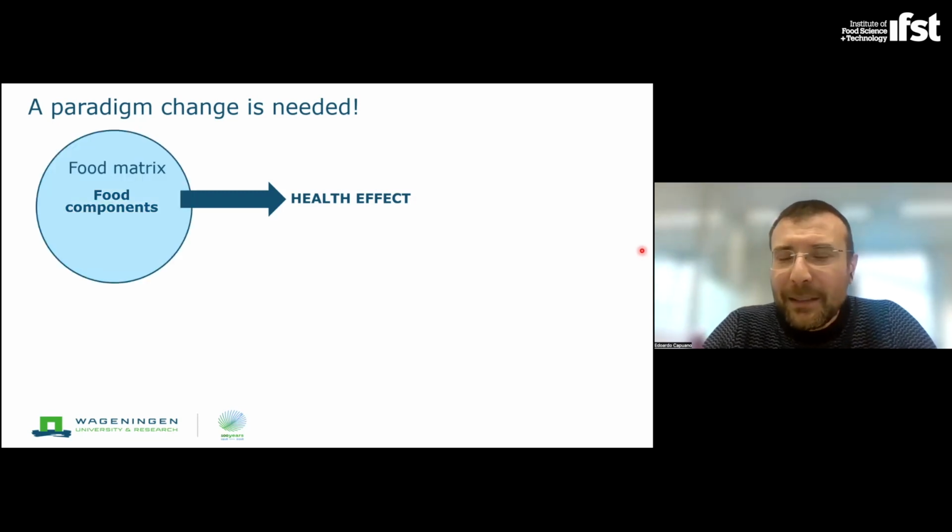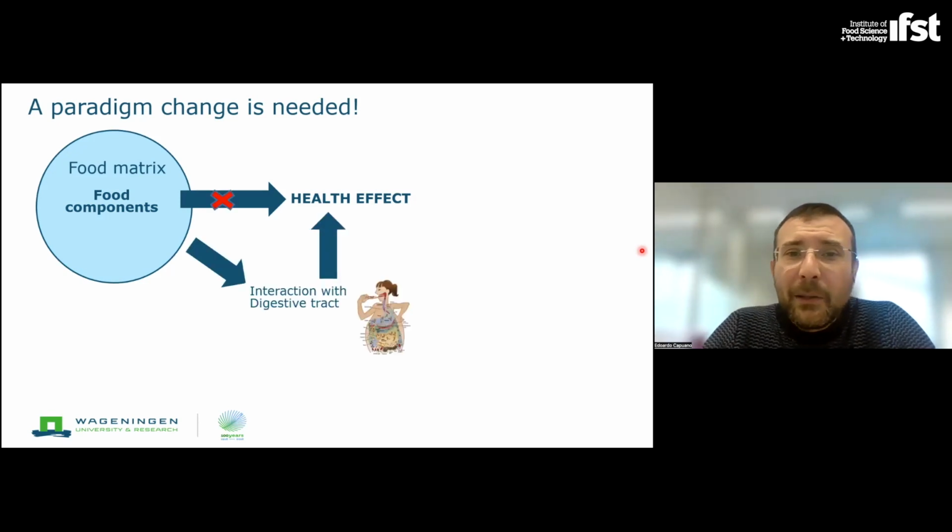And these foods are not just a carrier for these nutrients in our body. In fact, they are included in a food matrix, and when this matrix interacts with our gastrointestinal tract, it will modulate the health effect of our diet.